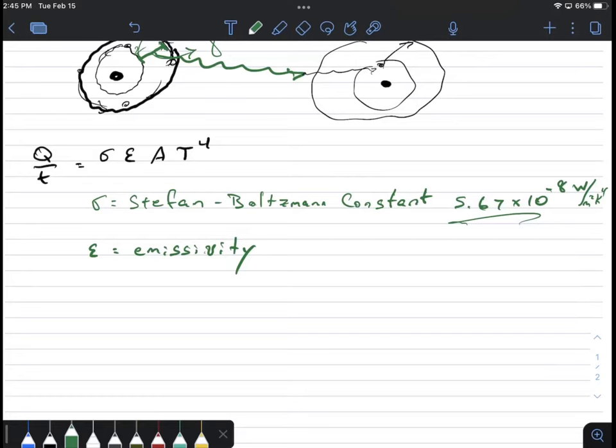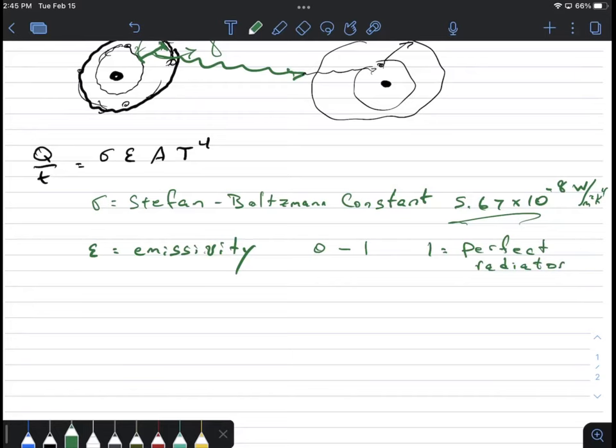And usually this is somewhere between 0 and 1. Okay, 1 is a perfect radiator. That is to say, all the energy that's fed to it initially will eventually radiate out perfectly. Of course, usually real world materials are not perfect.